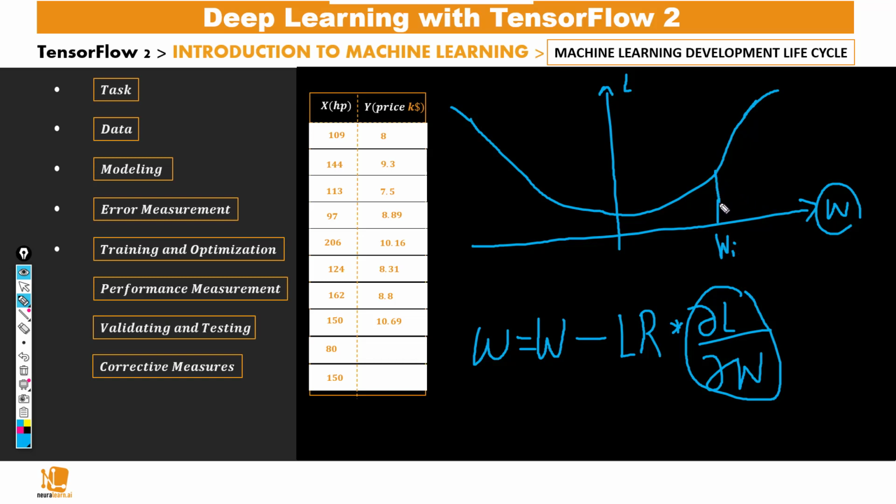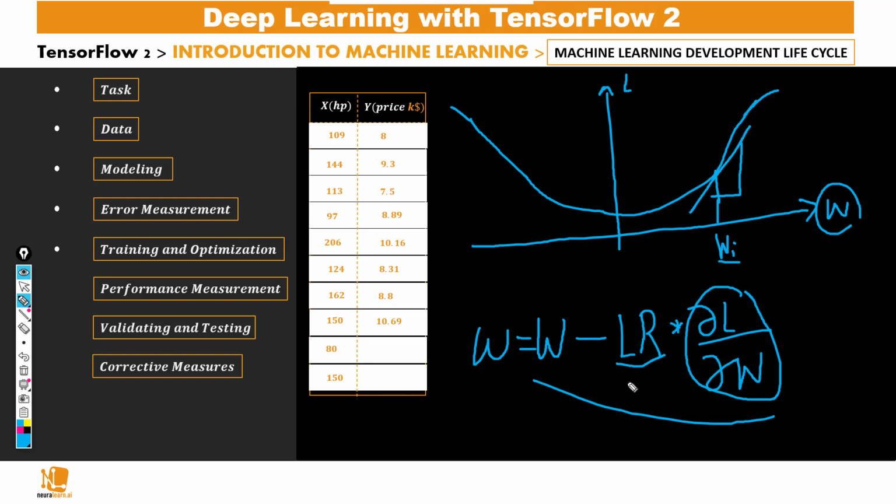We picked out this point, and we have the partial derivative of the loss with respect to the weight, and let's say we have the slope. So the slope is positive. To update this weight from Wi to a new weight, we apply this formula. So we have Wi minus the learning rate times this positive slope.